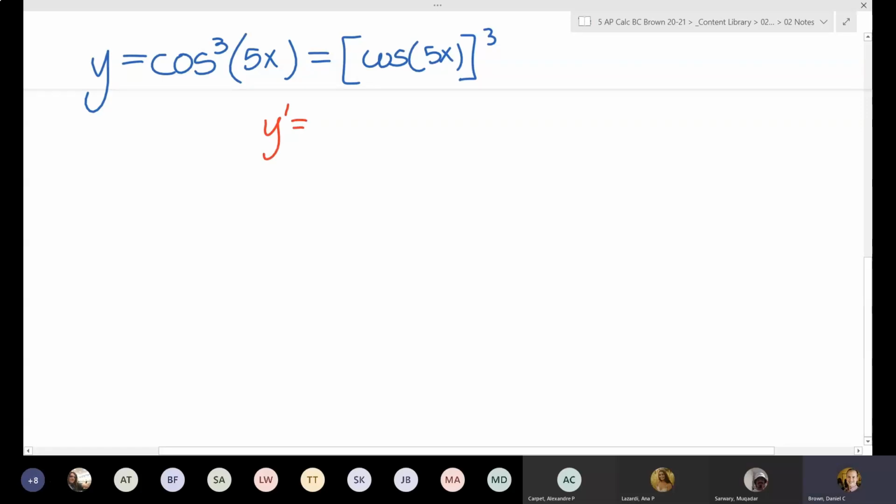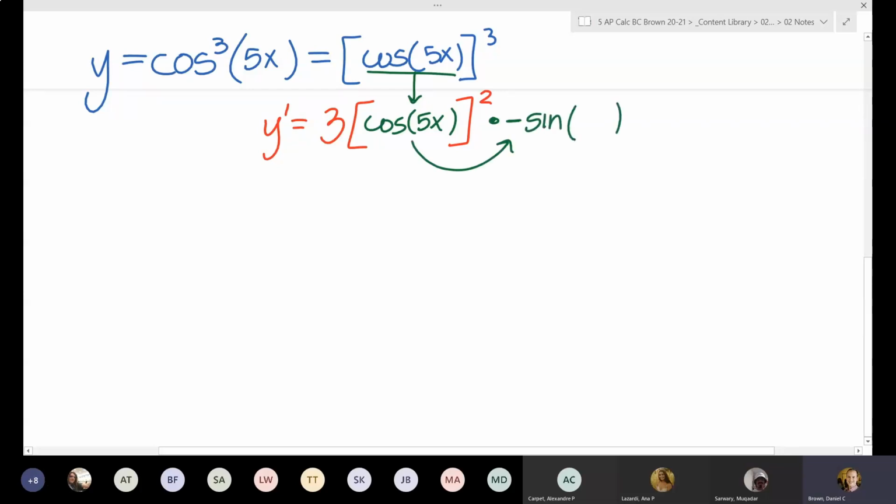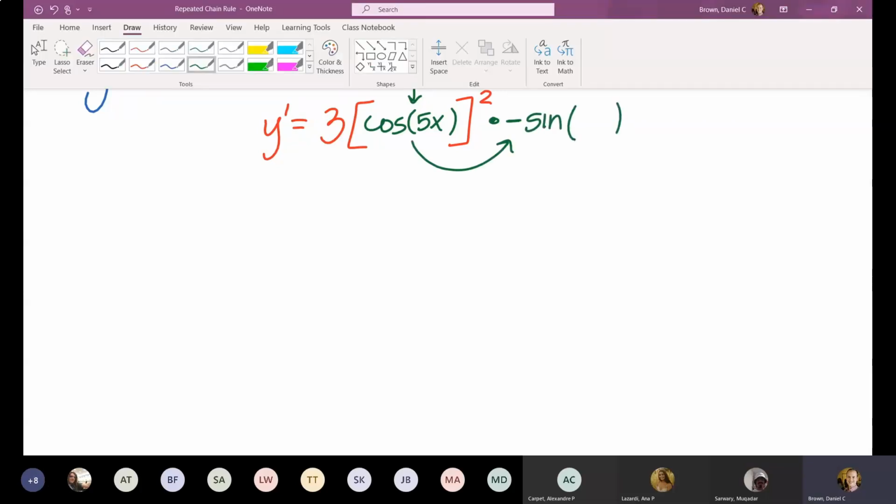The derivative of something cubed would be a power rule. 3 comes down in front. The new exponent is a 2. This inside carries through, so then I have the cosine of 5x. The chain rule states when there's more than just x on the inside, I need to multiply by the derivative of that inside. The derivative of cosine is negative sine, but again, that 5x is being pulled across.